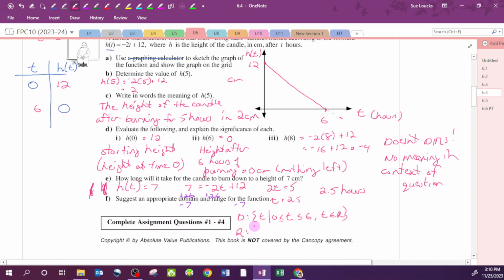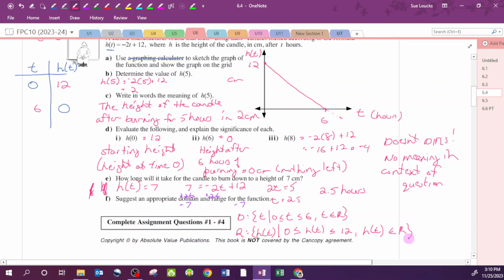And my range is going to be h of t such that the height is greater than or equal to 0 and less than or equal to 12, because that was the starting height of my candle, where h of t is an element of the real numbers as well.